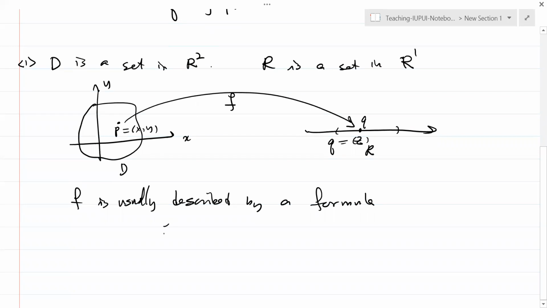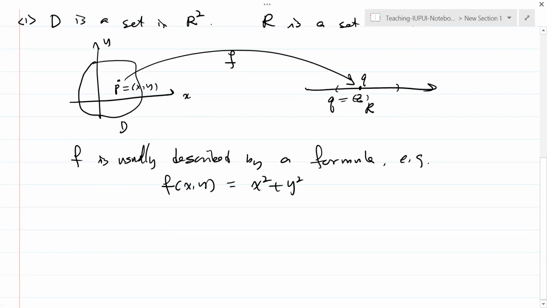So this is f of x and y, for example, like x squared plus y squared, such as this.